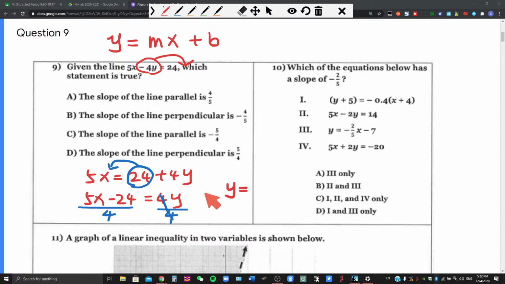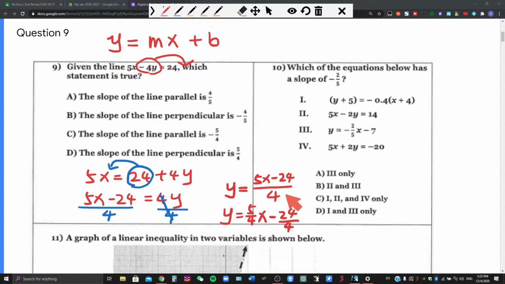After we divide, the 4 cancels, then we will have y equals 5x subtract 24, divided by 4, and we can just divide each of them. So y equals 5x divided by 4, or 5 divided by 4 times x, subtract 24 divided by 4, and that's going to be 6.